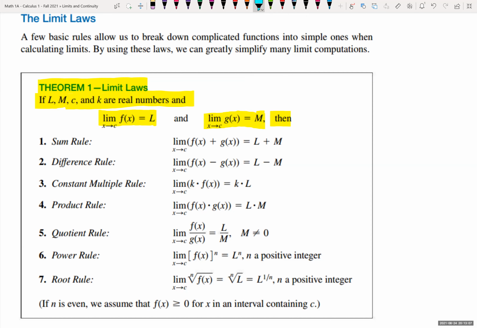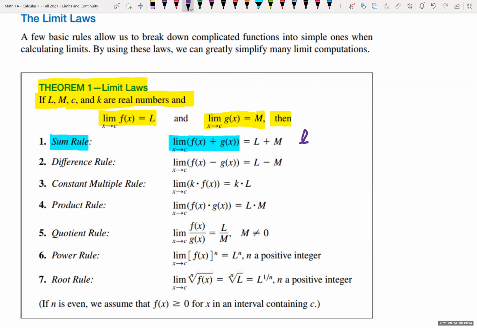Okay, so first one, pretty straightforward. The sum rule. The sum rule says, if we're going to look at the limit as x approaches c of f of x plus g of x, so basically, we have more than one term in there, if we split up each term and treat it as a different function, we can look at the limit of the first. And maybe I should write this down.